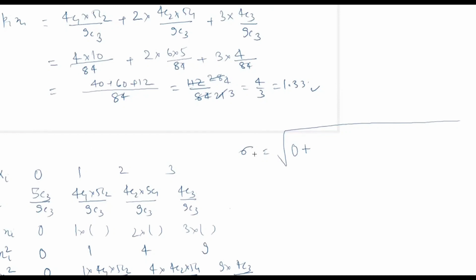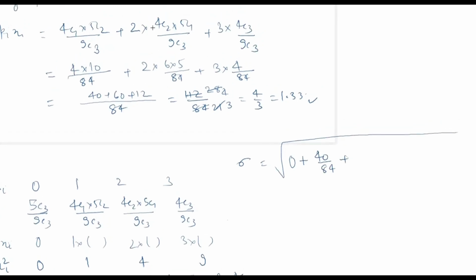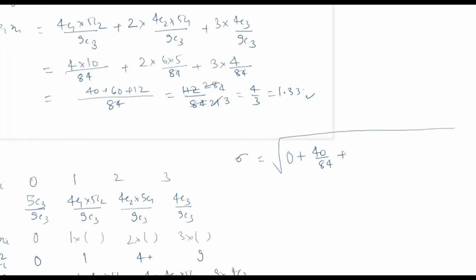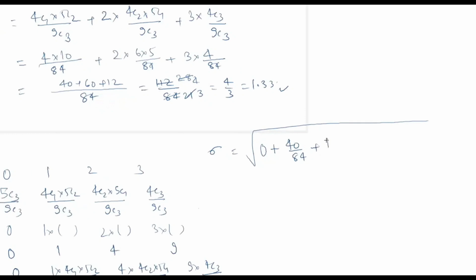Only thing is it is multiplied. So the first part is the same, which is 40 upon 84. The second part was 2 into 30 upon 84, now it is going to be 4 into 30 upon 84. And then lastly 9 into 4 upon 84.